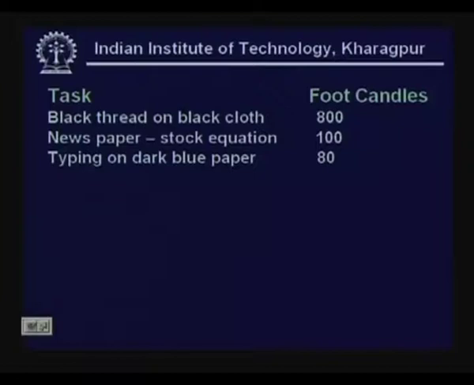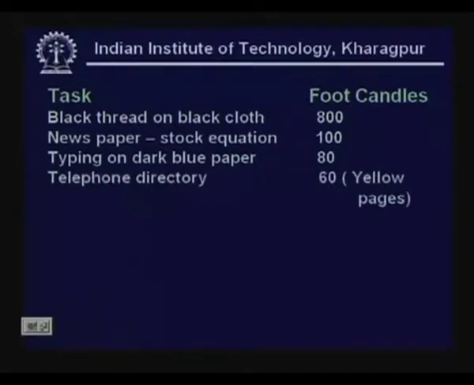Typing on a dark blue paper, typing is usually done using a black or blue ink, again it calls for about 80 foot candles. Telephone directory, we know these are yellow pages, they are thin pages, and a large number of information is tried to be put in a single thing. The only advantage here is contrast is large, it is black and white, though they are yellow pages.